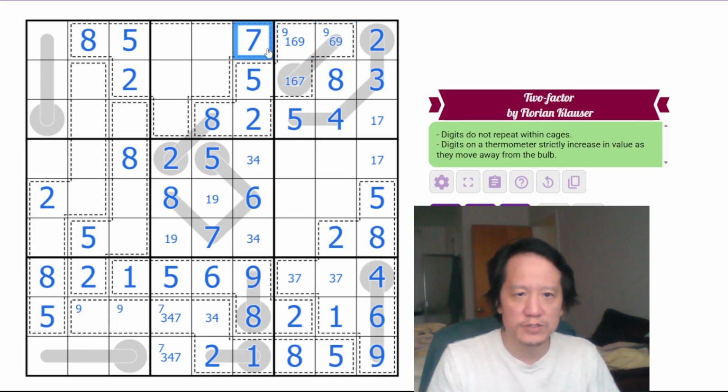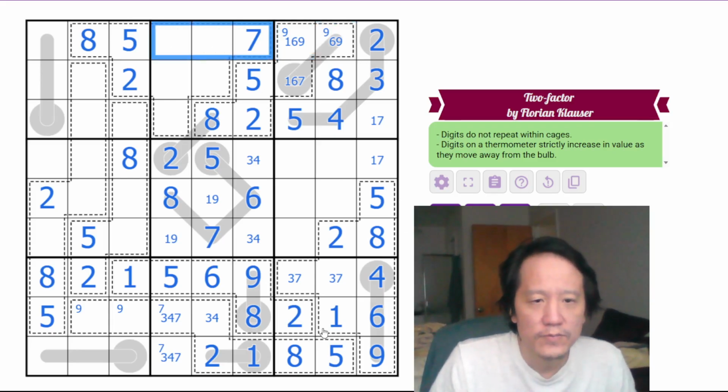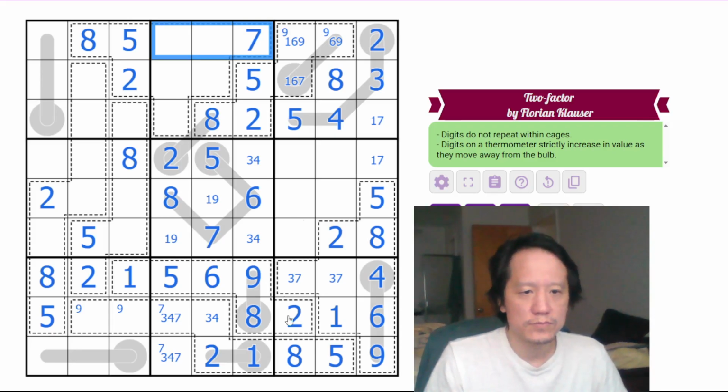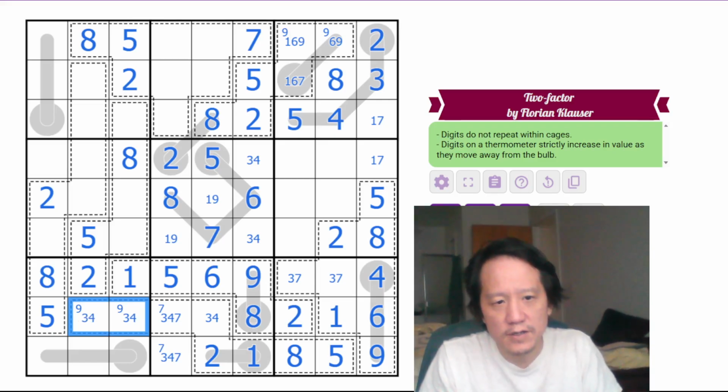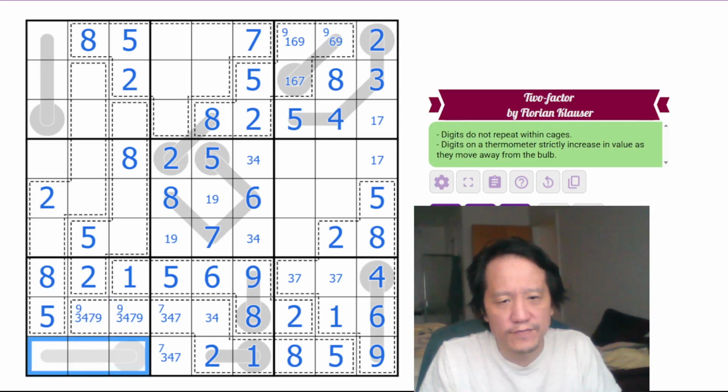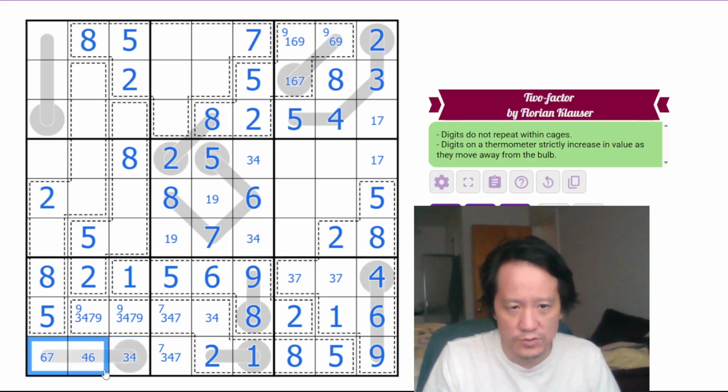That's interesting, which means 9 cannot be here. This is 3, 4, 7, and 9. This is 3, 4, 6, 7. That means this is less than that, so this can't be 3. This is less than that, so this can't be 3 or 4. This is 6 or 7. This can't be 7. This can't be 7 or 6. So 6 has to be one of these two.